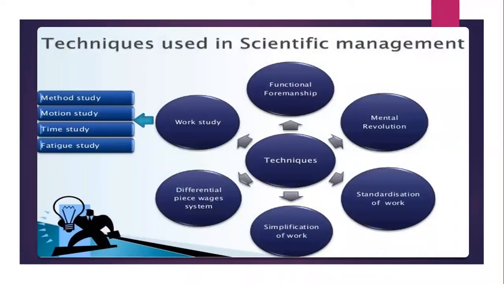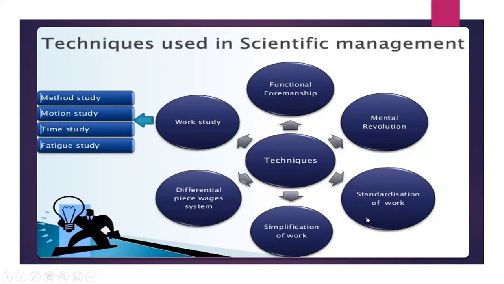Techniques used in scientific management, starting from functional foremanship, mental revolution we discussed before, the change of attitude of managers and workers toward each other, as both of them need each other for the successful results or success of the organization.